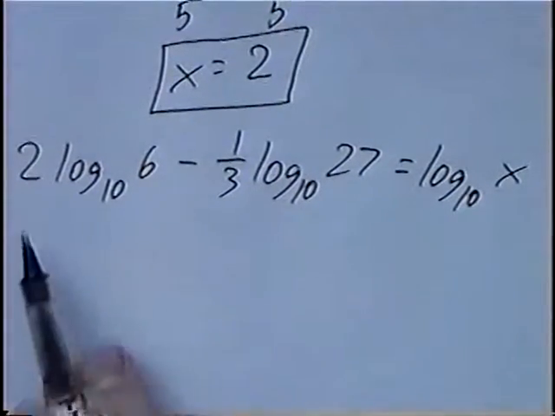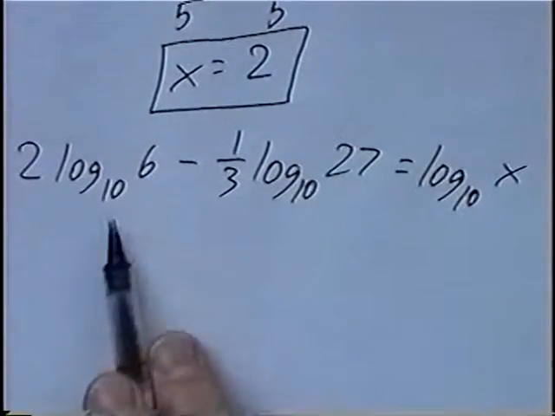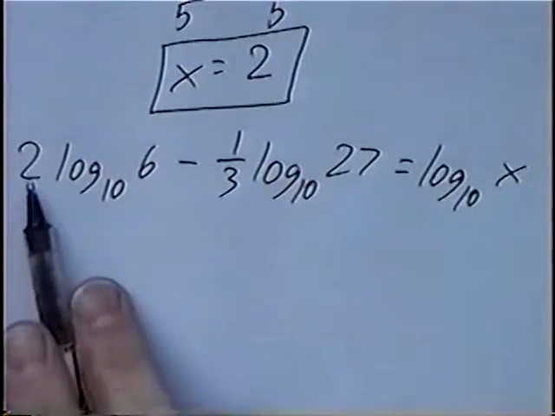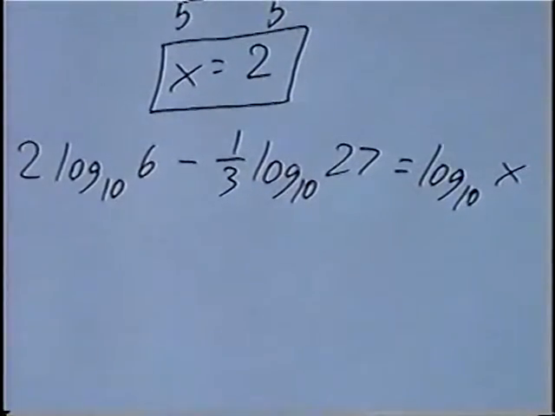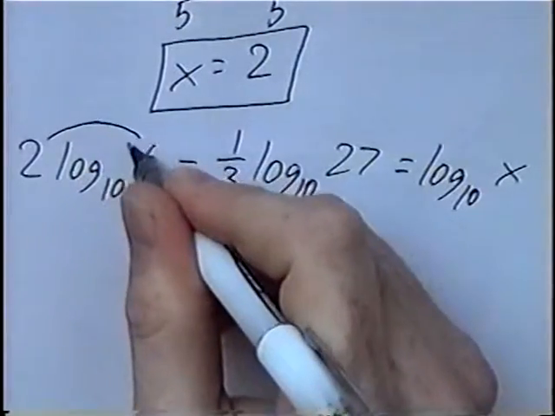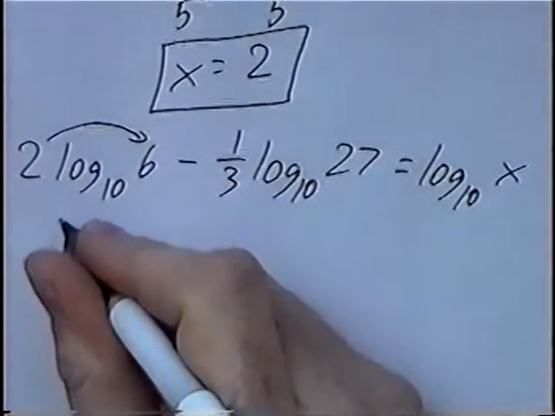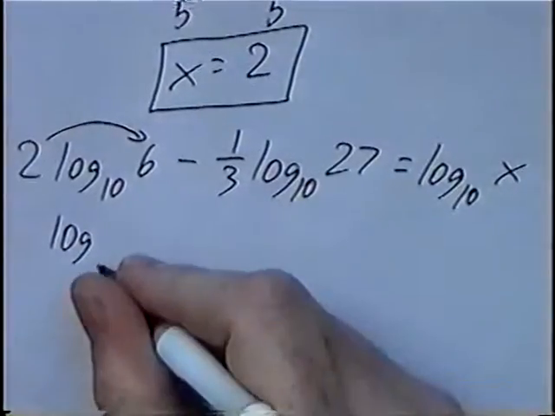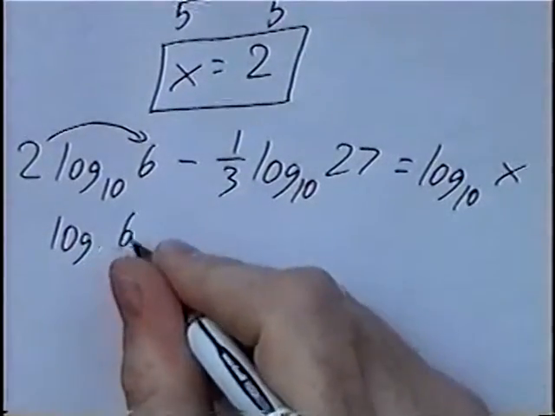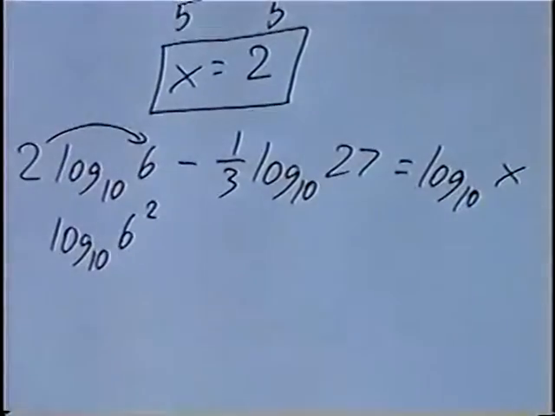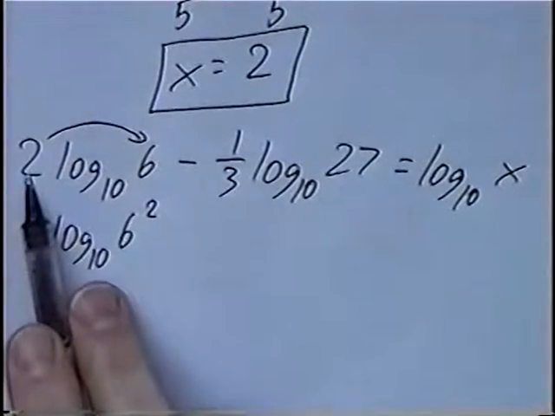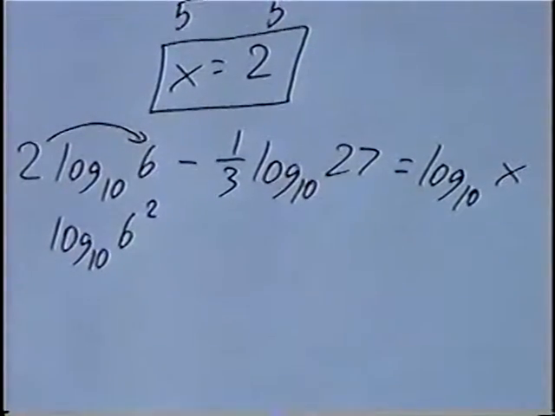Looking at the first logarithm, we have 2 times a log 6 base 10. Instead of multiplying by 2, we can use the properties of logarithms, and the 2 we can bring inside as an exponent. So rewriting, we'll have log 6 to the second power base 10. Multiplication on the outside, we can bring inside for an exponent.